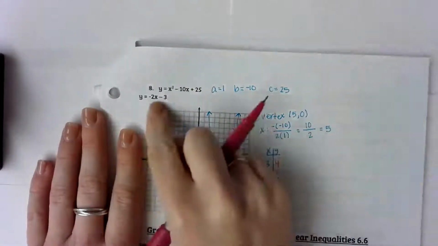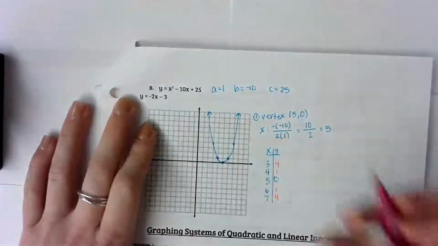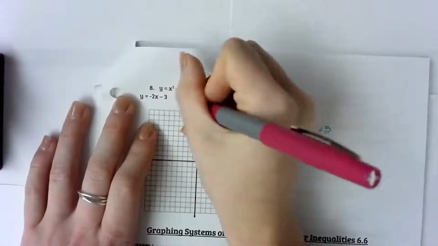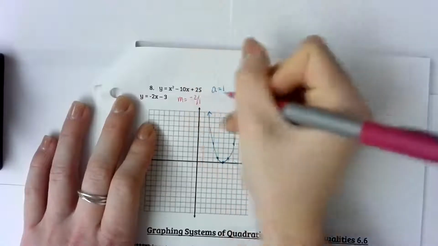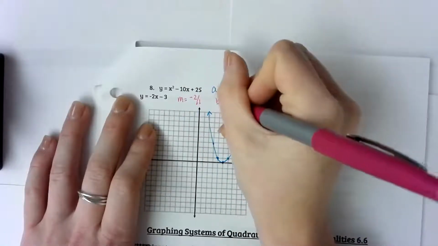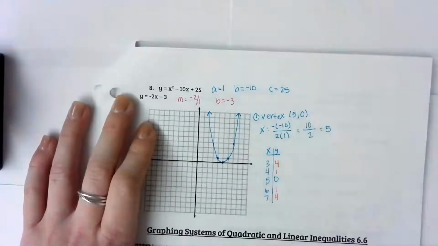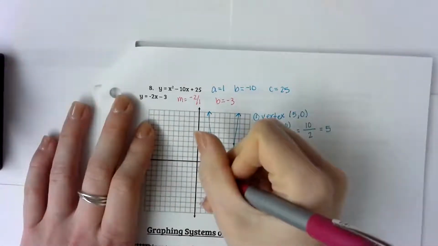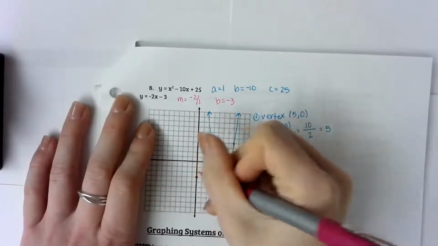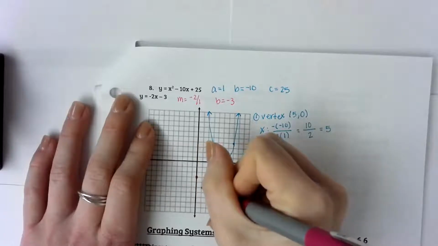Okay, and then this one is already in y equals, so m is our negative 2 over 1, and then b is negative 3. So that means I'm going to start down here, 1, 2, 3, go down 2 and over 1.